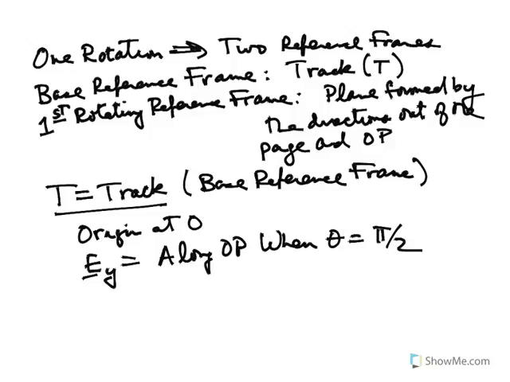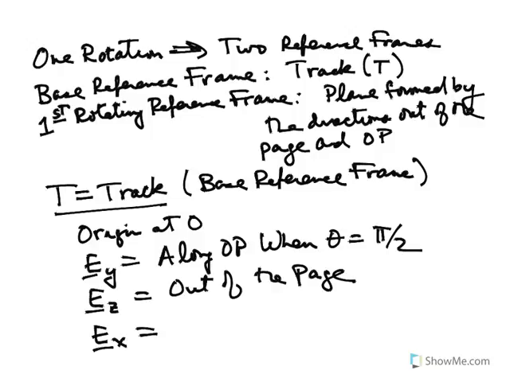So that's actually the direction kind of upward in this diagram if you want to look at it that way. I'm going to put EZ out of the page, and then I'm going to put EX to equal EY crossed with EZ.